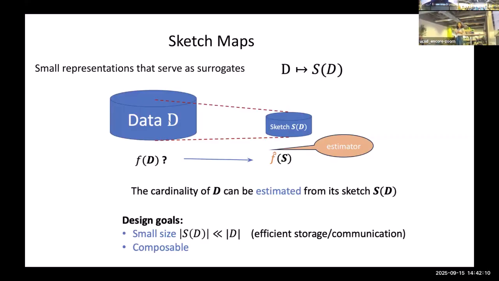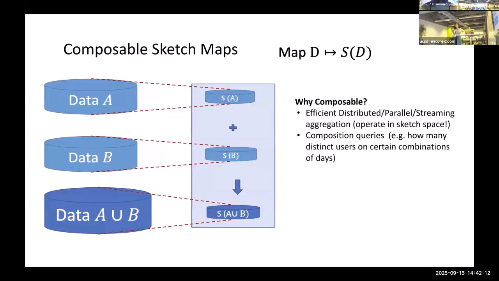We are also looking for composability. So what is being composable? It's the property that if you have data A and data B, and we look at the union of these two data sets, then the sketch of the union can be derived from the sketches of the two sets. Why is it useful?